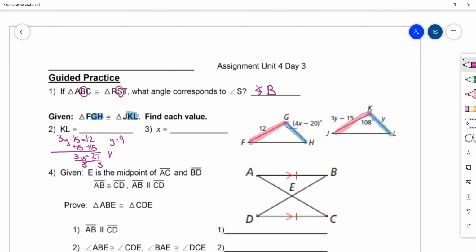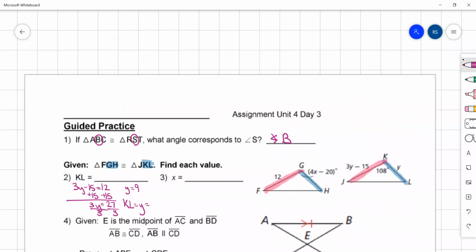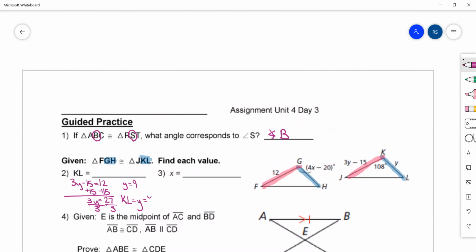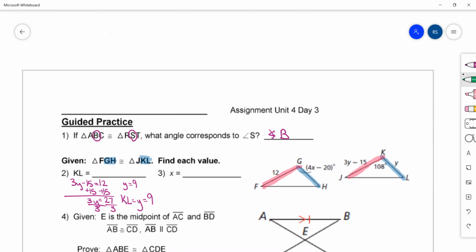Now it says KL is equal to y. Y is 9, so that means KL is equal to 9. So KL is 9.